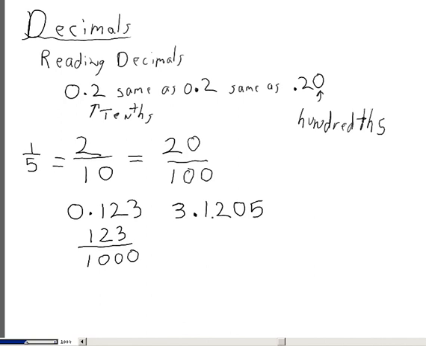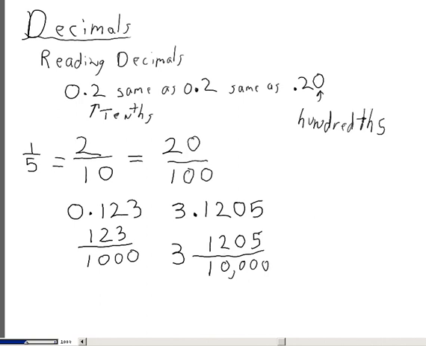So this part to the right of the decimal would be the same as 1,205 10,000ths. And then the 3 is just in the whole number, or in the ones unit. So I would say this decimal is the same as the fraction 3 and 1,205 10,000ths.